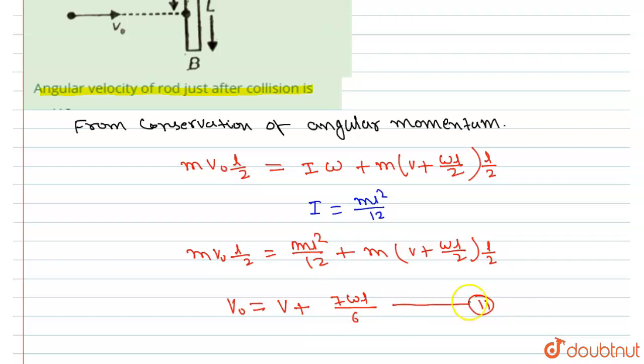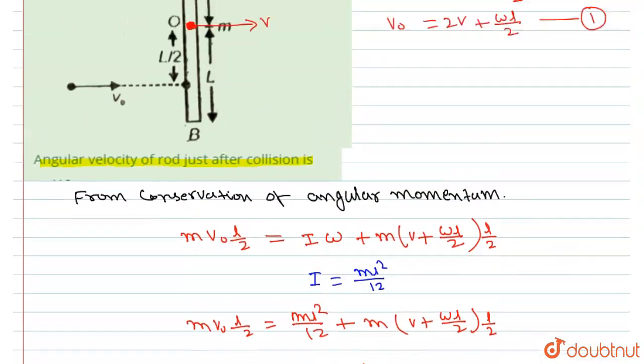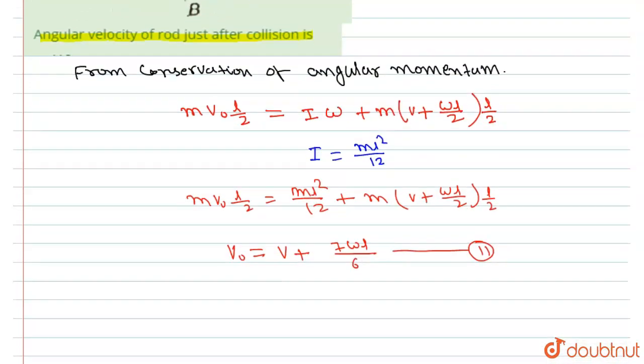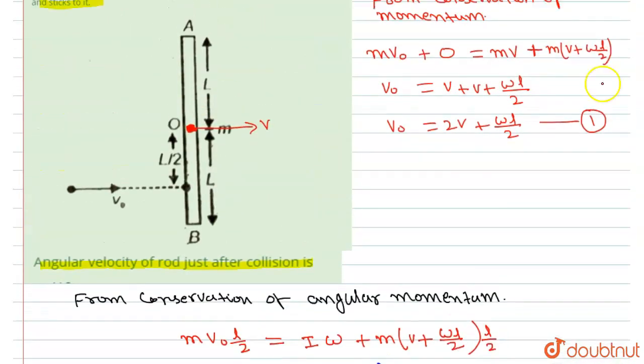Now from the first and second relations: from the second, V0 equals V plus 7 omega L divided by 6, and from the first, V0 equals 2V plus omega L divided by 2.